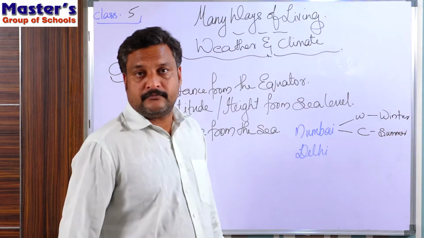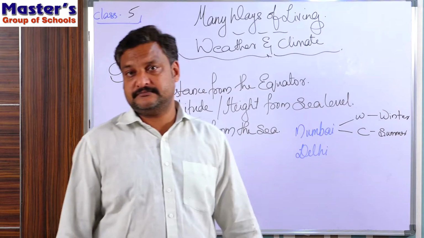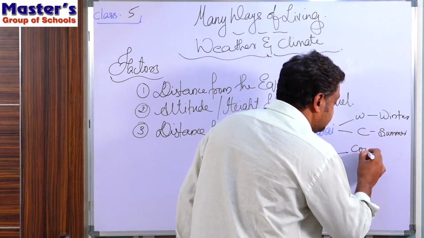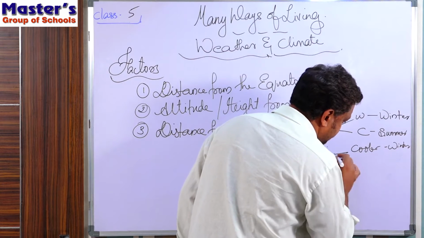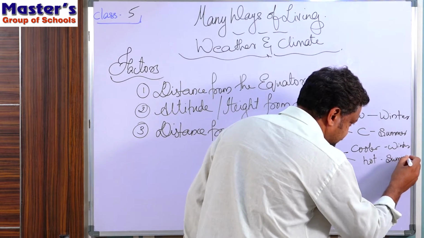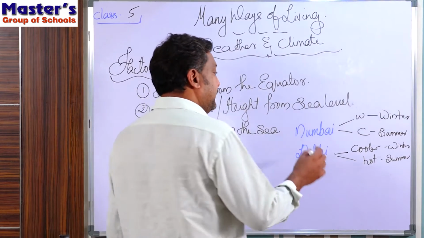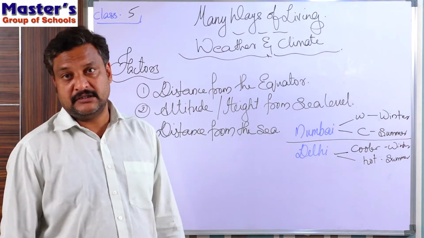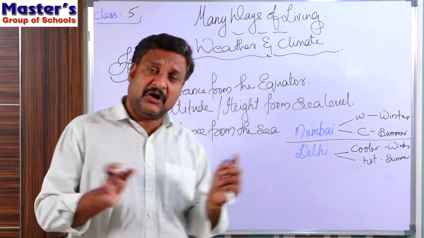But when we consider Delhi, it's very cool during winter and very hot during summer. Why is it so? Why is Mumbai warmer during the winter and cooler during the summer, but Delhi very cool during winter and very hot during summer?